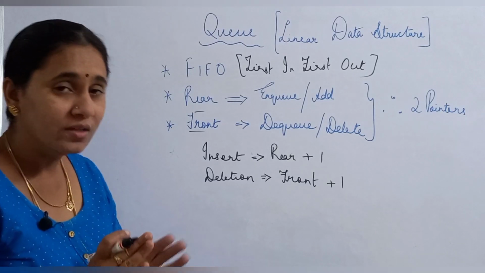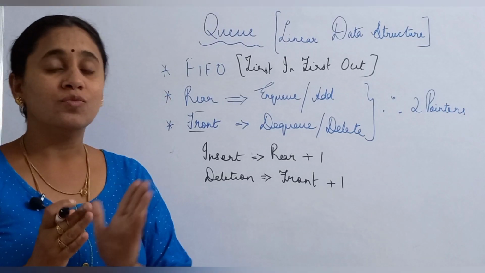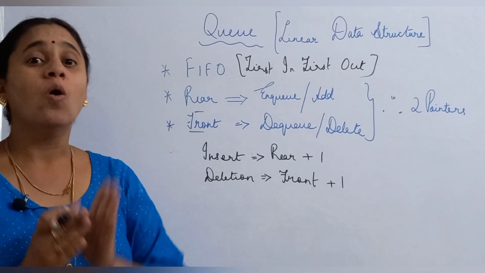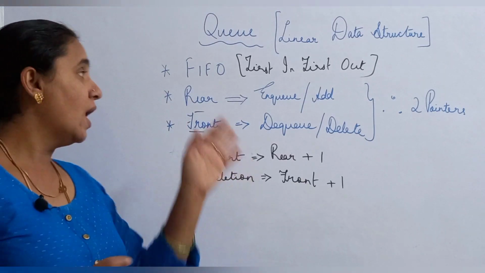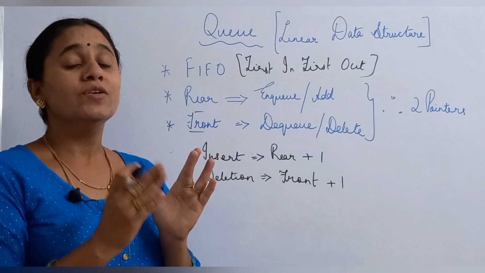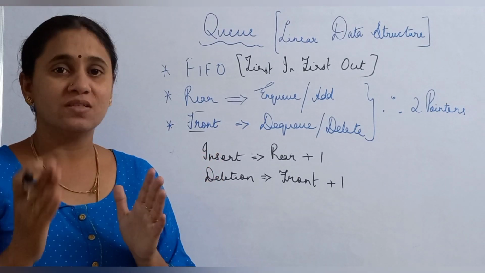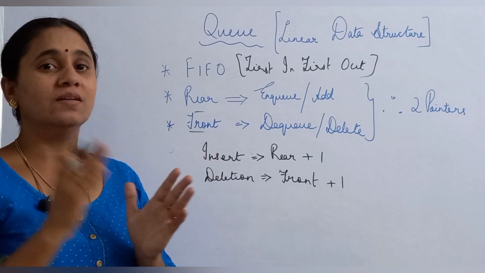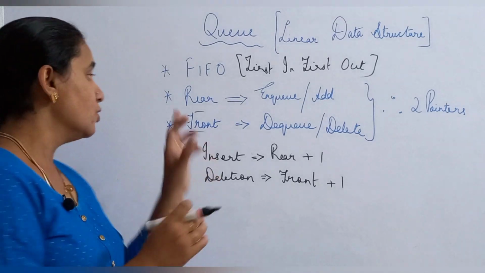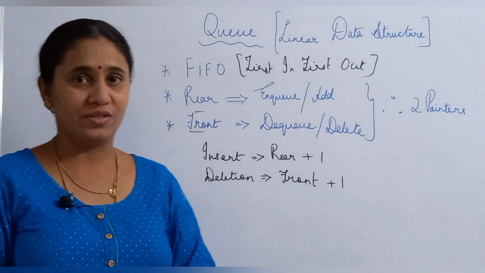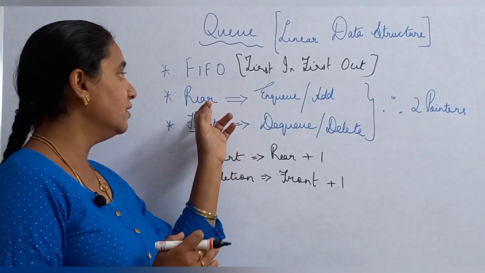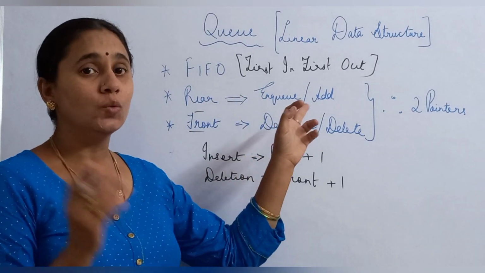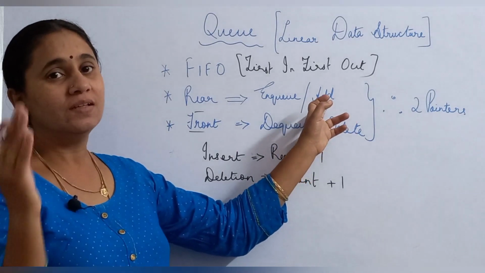The front pointer is used for keeping track of the person who arrived first, and rear is a pointer which monitors the person or element who came last. That is why we are using two pointers. Another name for rear is NQ, which adds the element at the last.